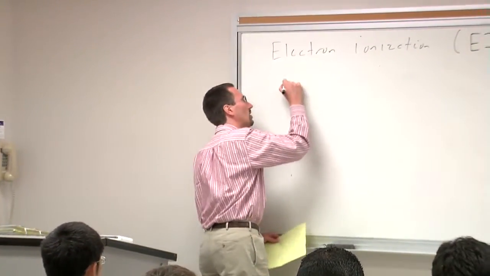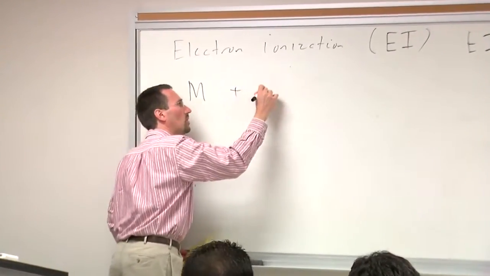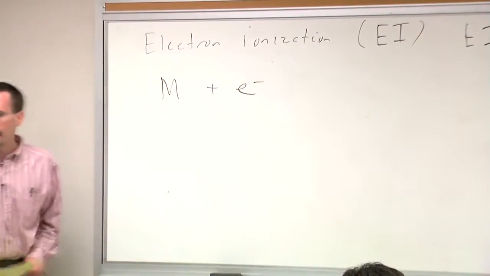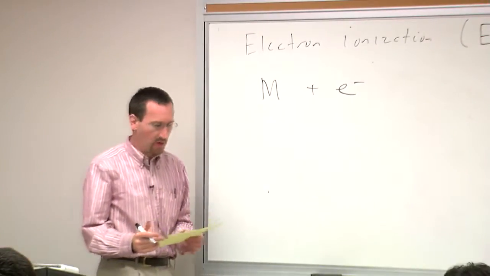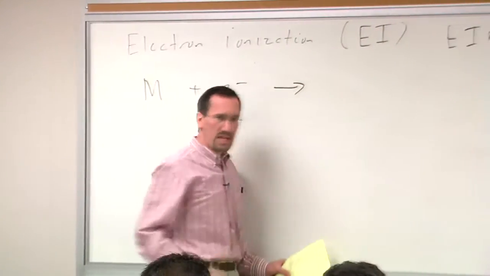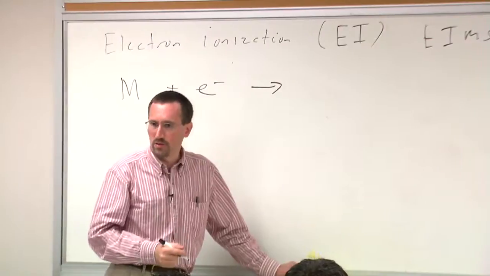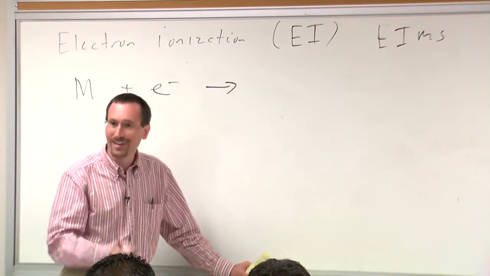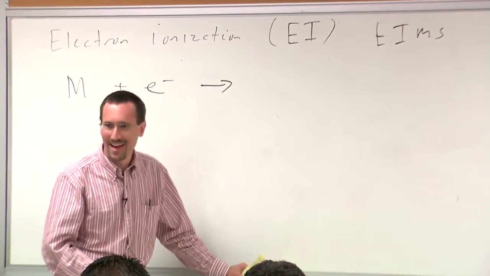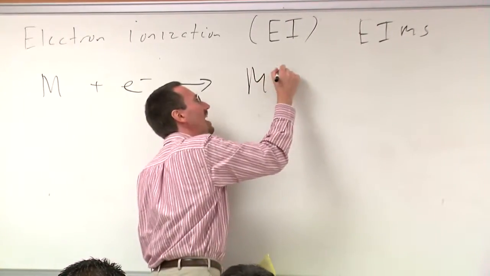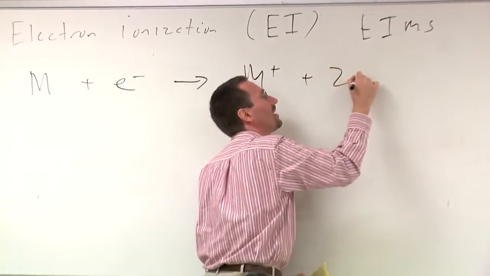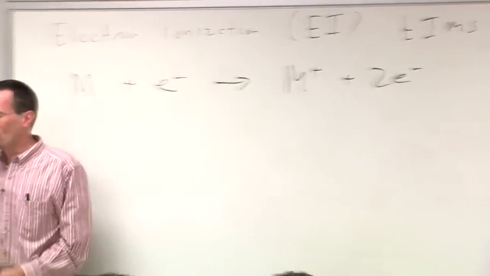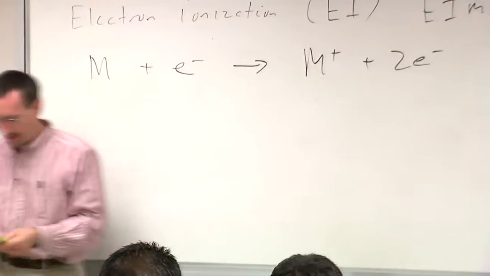So far, so good. You have a molecule. You fire an electron at it. You accelerate electrons and give it a good hard whack. What's counterintuitive, when you give a molecule a good hard whack with an electron, you knock an electron out of it. So you get a cation. Electrons weigh virtually nothing compared to molecules, so for all intents and purposes, the mass is the mass of the molecule.